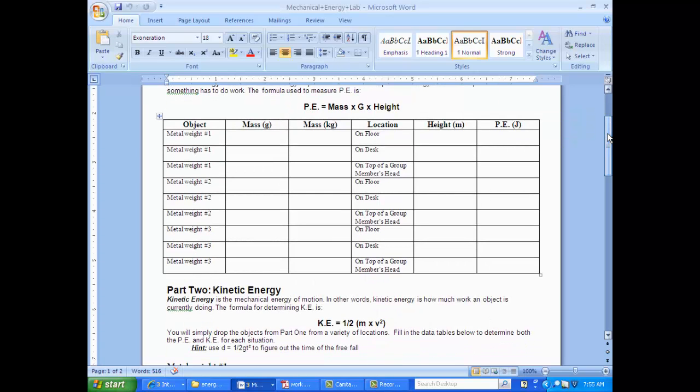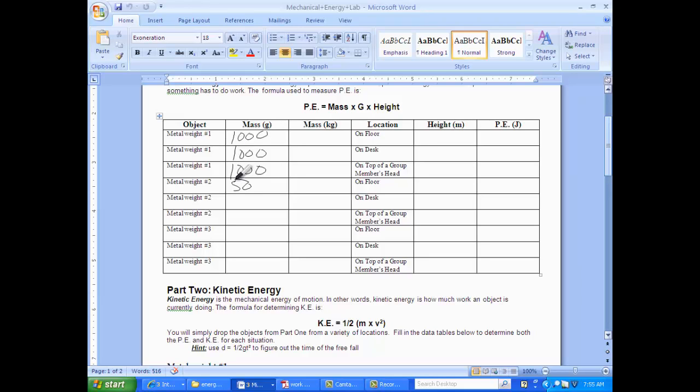One thing to understand is that you must use kilograms when you're dealing with these formulas. So mass 1 was 1,000 grams.